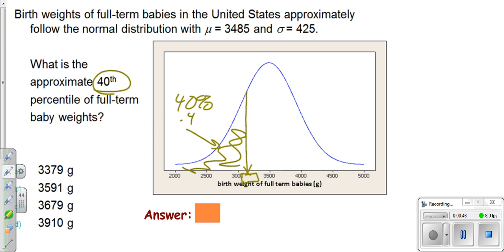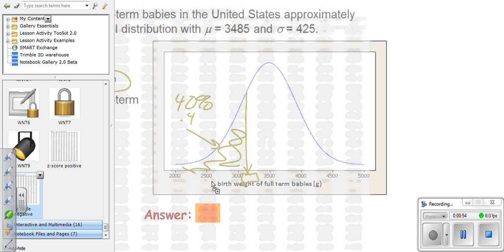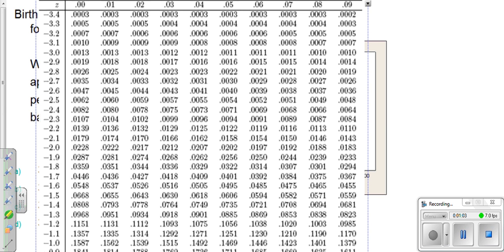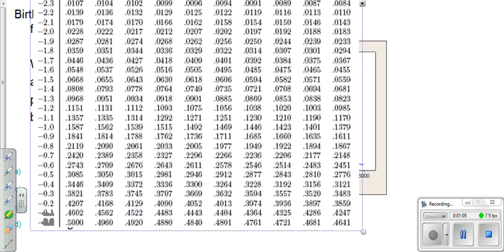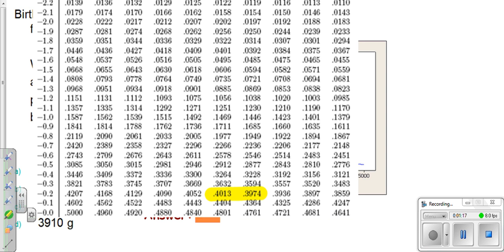So what we need to do is start out by going backwards. We're going to try to find where that 0.4 shows up in the middle of our table. As I look here, I have to start scanning through until I find a 0.4 in the middle of my table. 0.4 shows up in between these two.